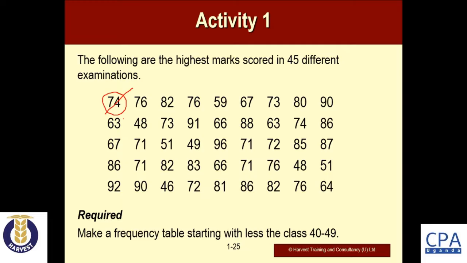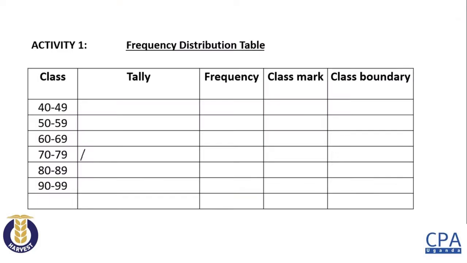Next, I will move to the next score, which is 63. So I'll put a stroke on the 63, and again I'll put a stroke against the class 60 to 69. And what is the reason? The reason is that the score 63 falls in the class limit 60 to 69.